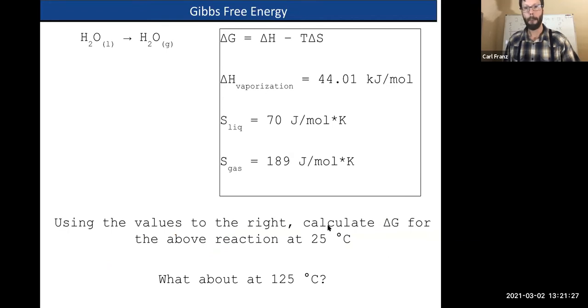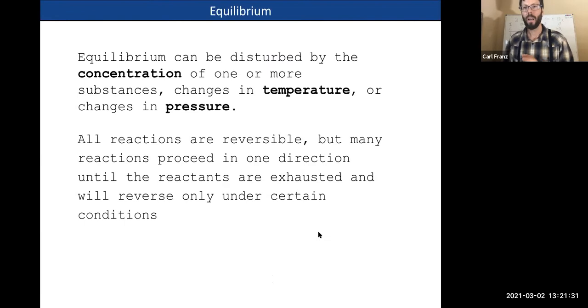All right. So getting back to equilibrium. As I said, we can perturb equilibrium in several ways: by changing the concentration of the reactants and or the products, by changing the temperature of the system, right?